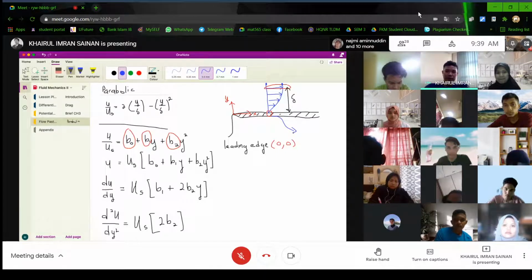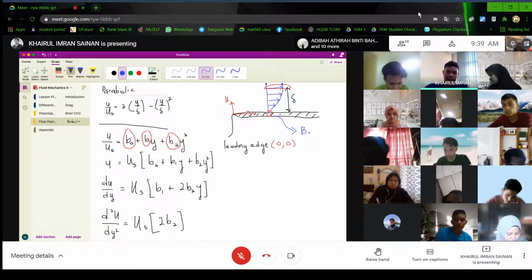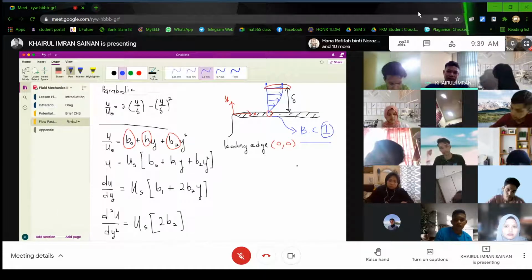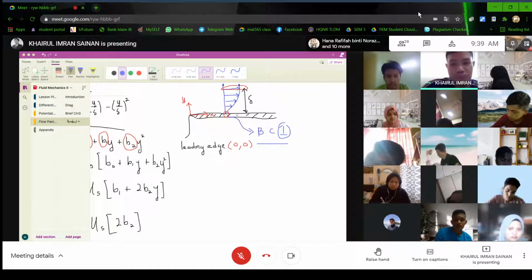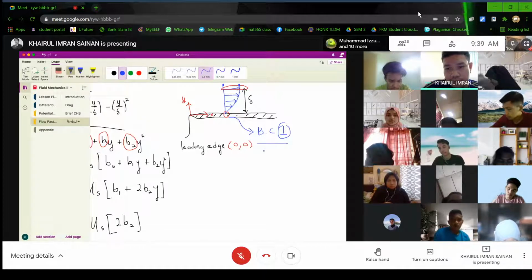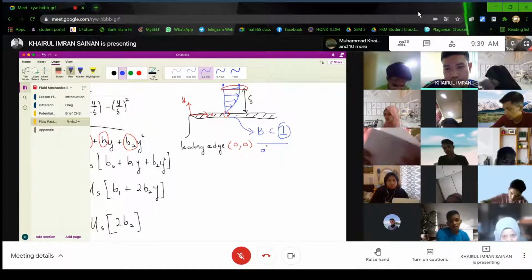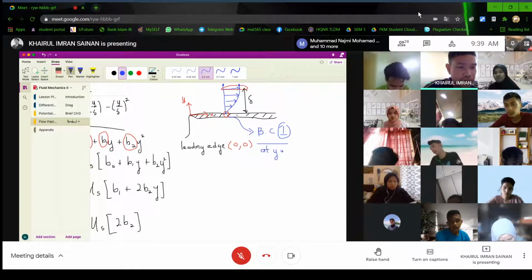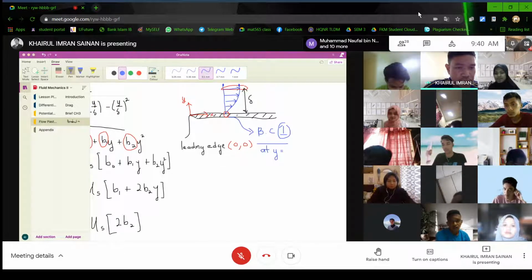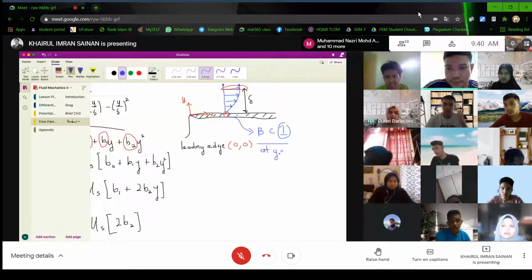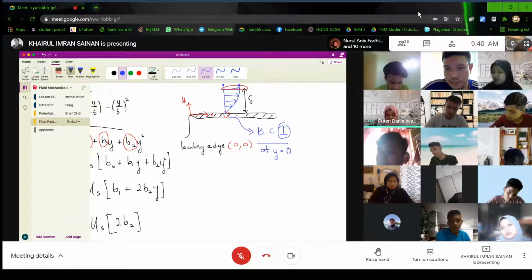Give me this one, somebody. Boundary condition 1, at y equals to... We can't hear you. At y equals to 0.